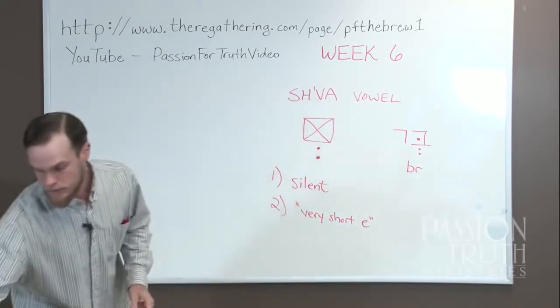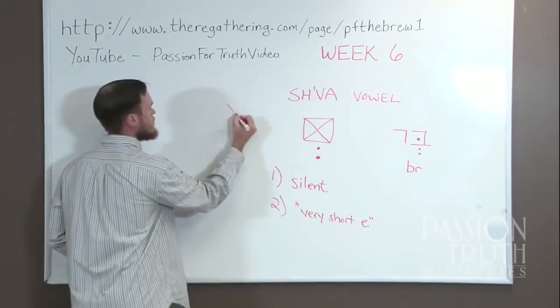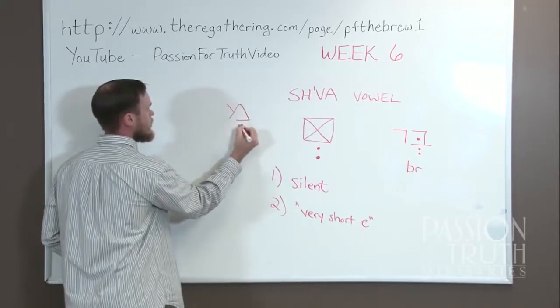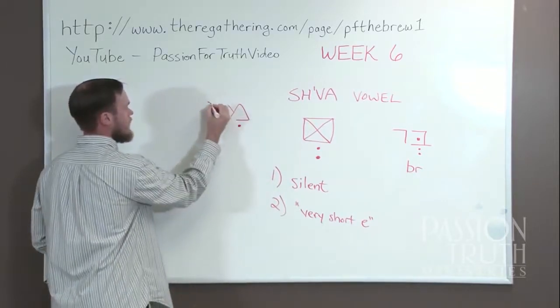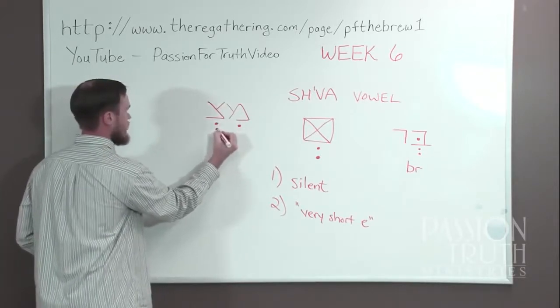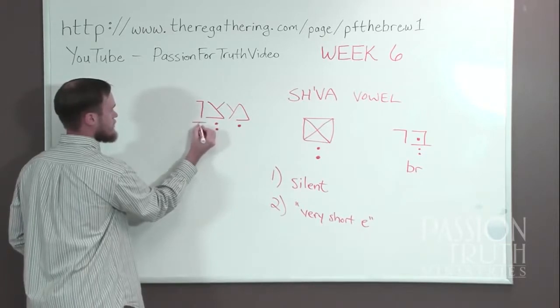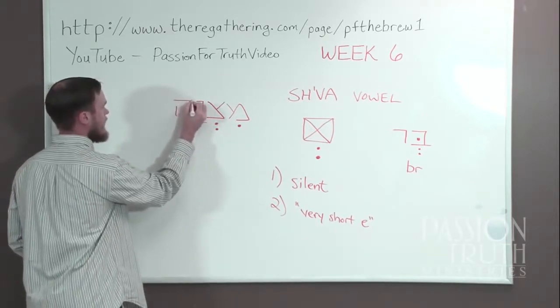A good example of a word that contains a schwa would be this: mem with a chirik, followed by a tzadi. Here's our schwa. A vav with a kametz, and finally a hey.